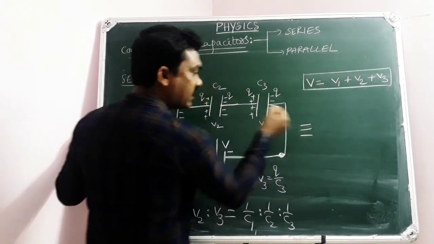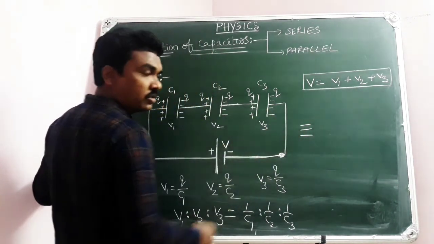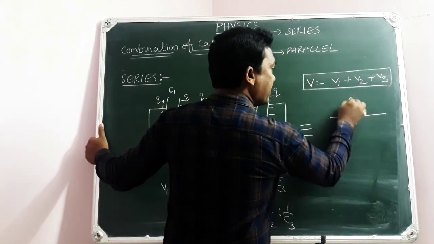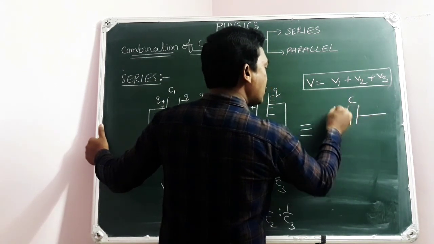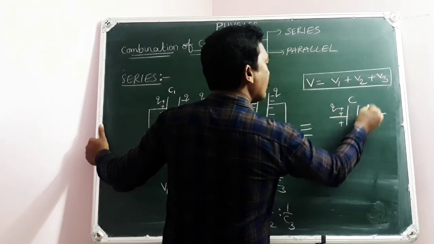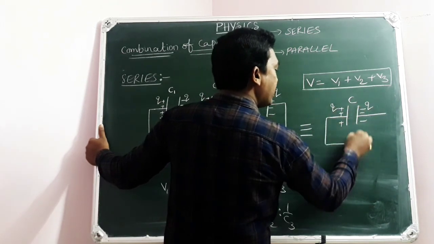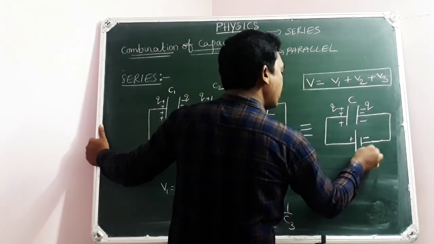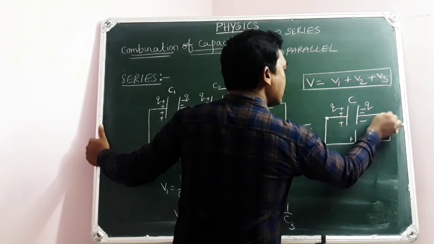So the equivalent circuit, this symbol is equivalent. The equivalent circuit is an equivalent capacity with a charge Q on it, and this is the external battery which is causing some potential difference V across this.